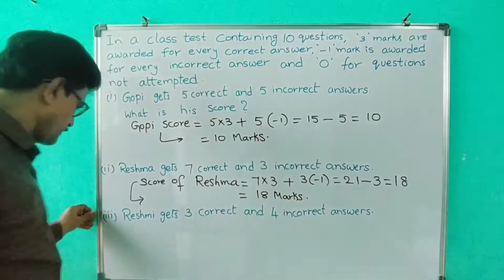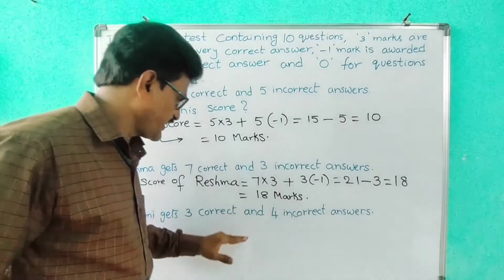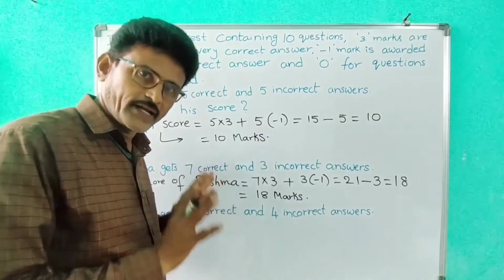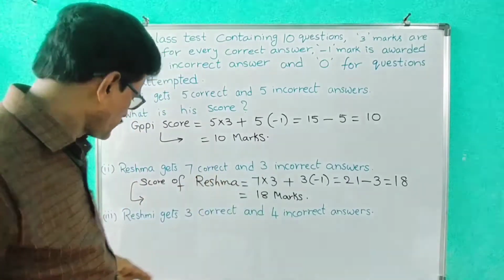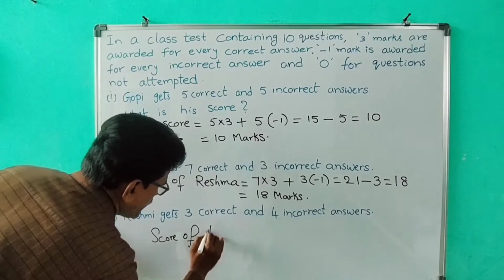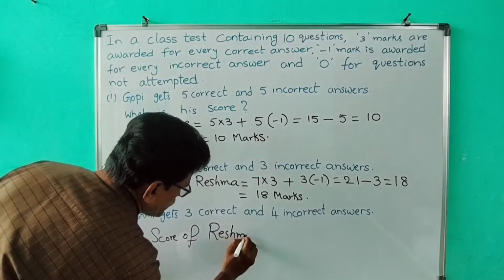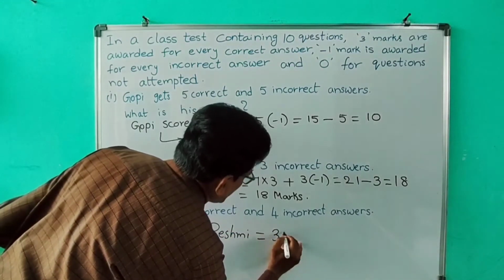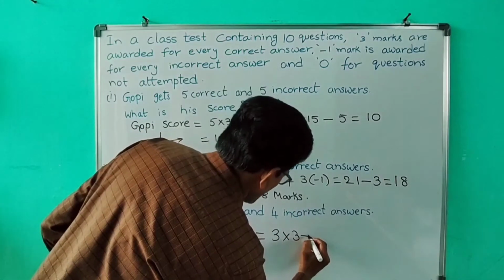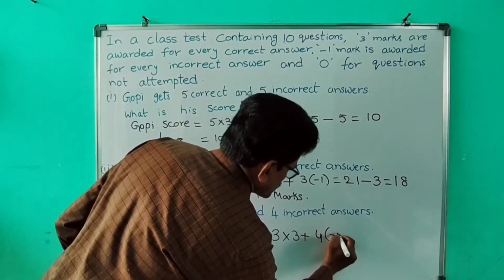Now in the same problem, Reshmi gets 3 correct and 4 incorrect answers. 3 and 4, only 7 questions she attempted. 3 questions she did not attempt. So the score of Reshmi: 3 correct, so 3 into 3, plus 4 into minus 1.